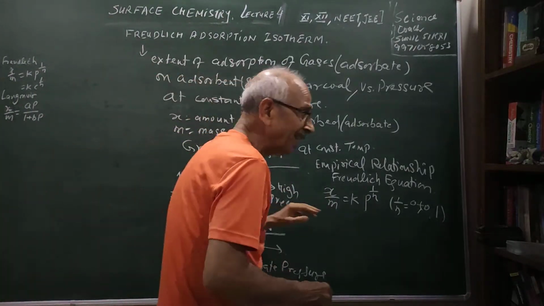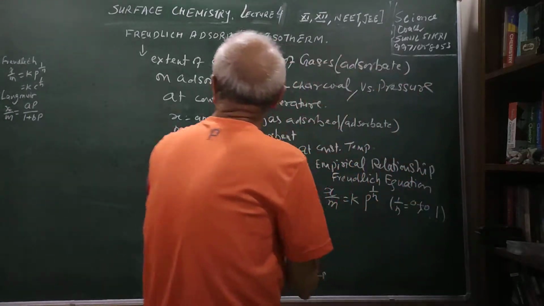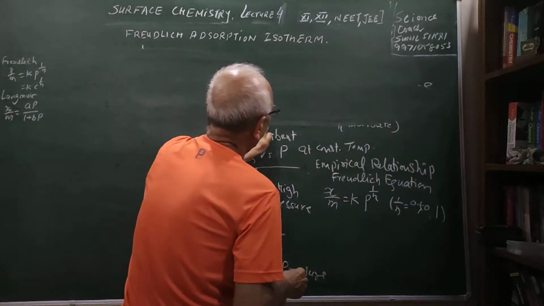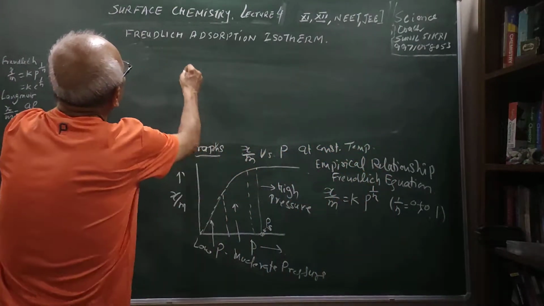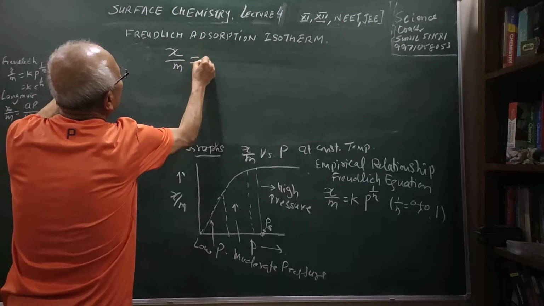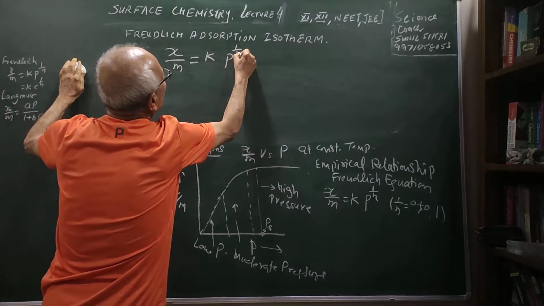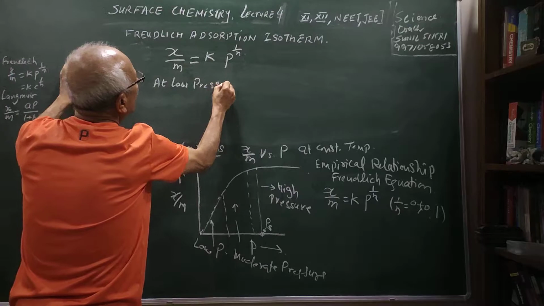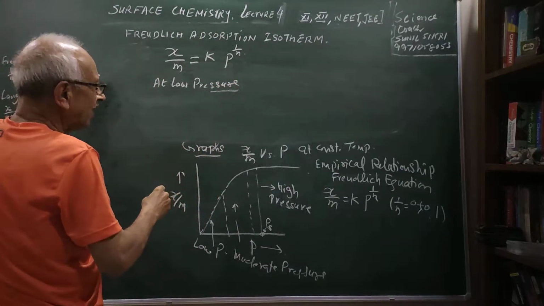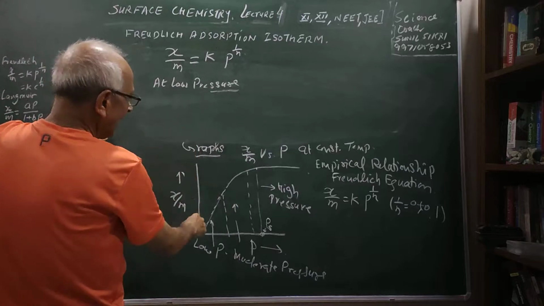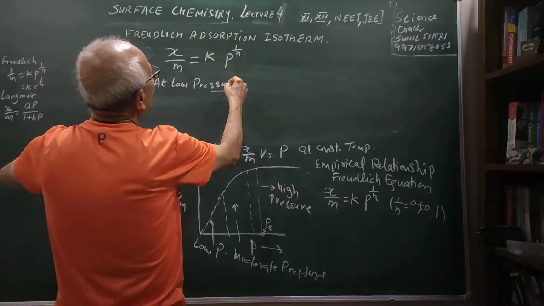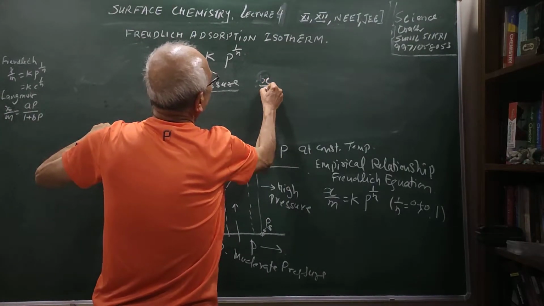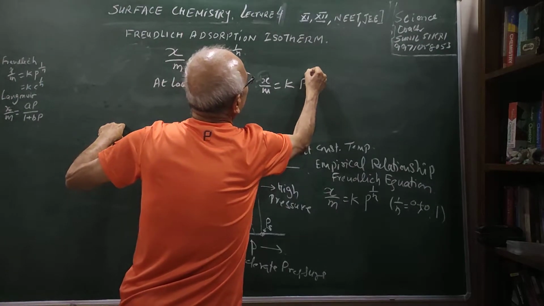So how will we explain this? As we have given this graph, let us see what we are trying to say. The Freundlich adsorption isotherm is x by m is equal to k P power 1 by n. At low pressure, when pressure is very, very low, we are seeing a straight line here, so x by m is equal to k P power 1.